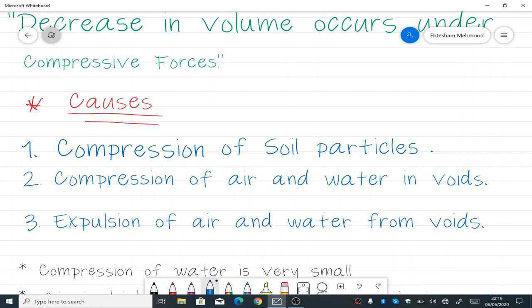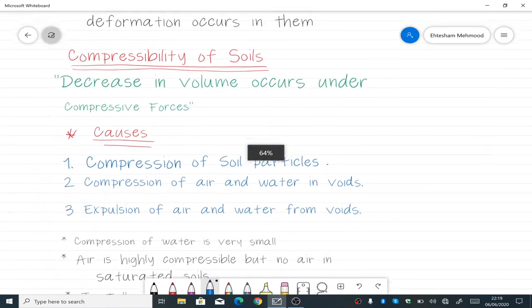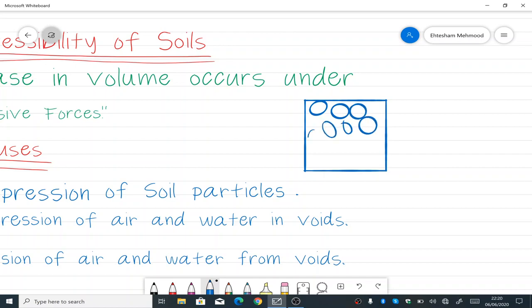We already know that soil is a three-phase system, as we discussed in our class. If I draw a little picture of a three-phase diagram, this is in general how soil particles are arranged.